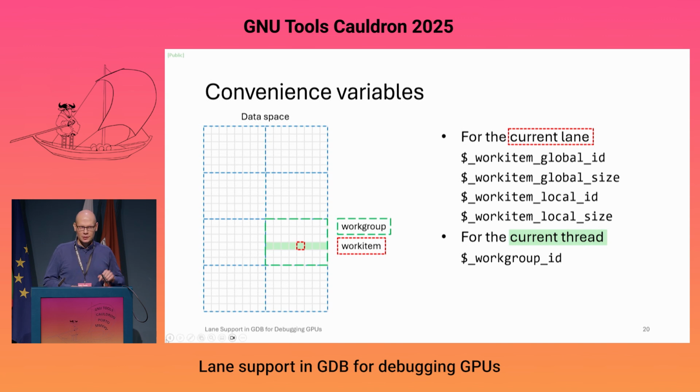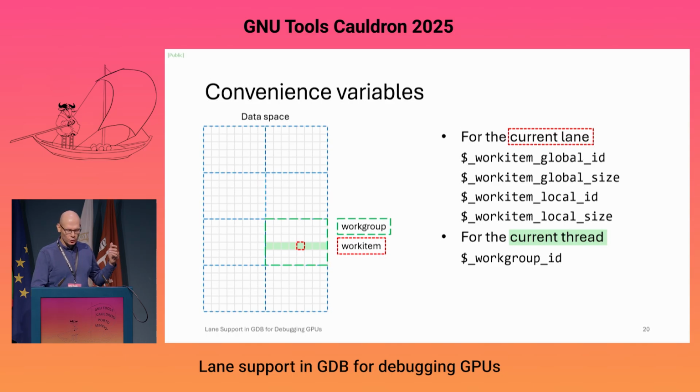This work item has a position in the global data space, this much away in one axis and this much away in the other axis. That's the global index of this work item. And then it also has a local index, that's the index of the work item within the work group.